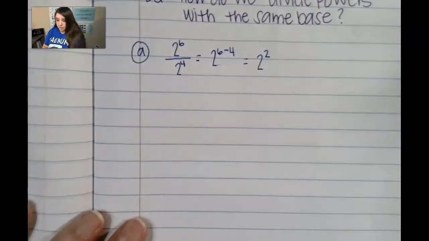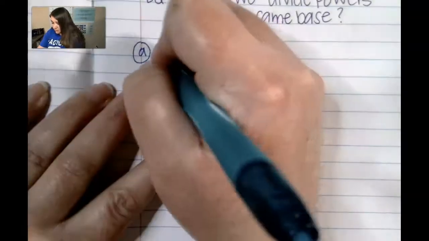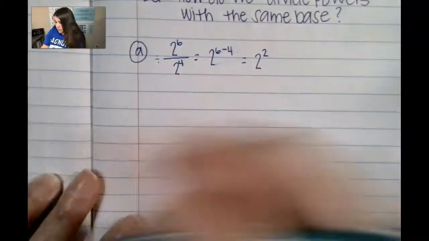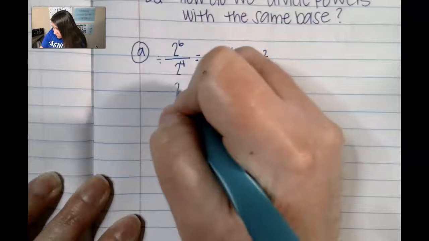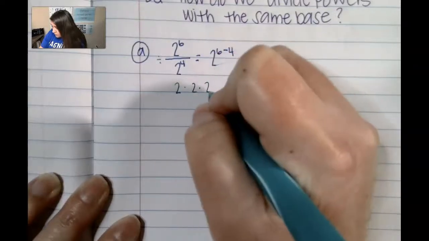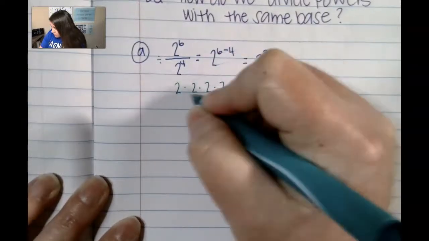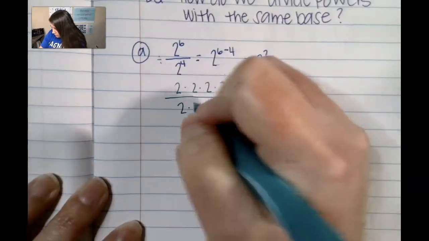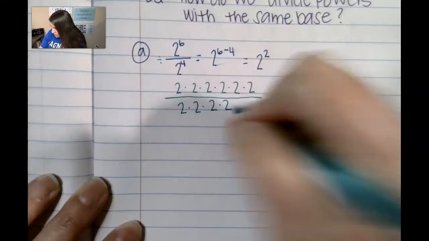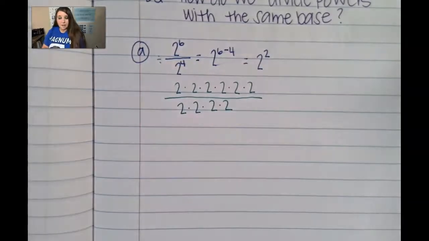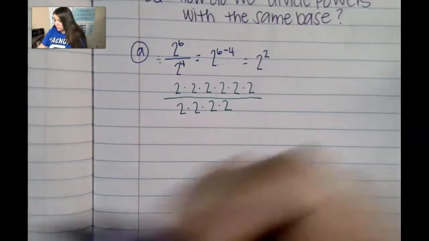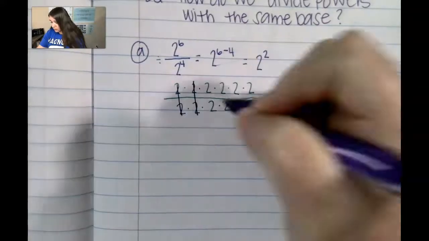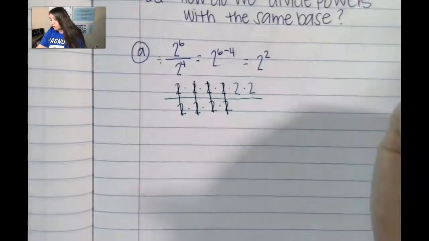We can think about this fraction line as meaning divided by. You can also think of this problem as 2 to the 6th, so we have 2 times 2, our repeated factors, written out over the factors of the bottom. Now you can see how they cancel out. 2 divided by 2 is 1, 2 divided by 2 is 1, 2 divided by 2 is 1, and 2 divided by 2 is 1.